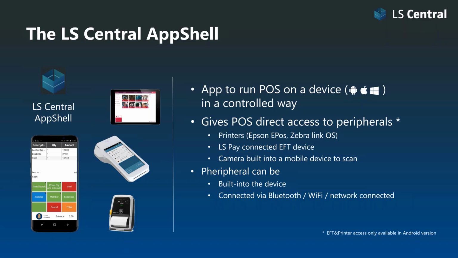And on this slide, we can see the white one, the PAX A920, and that is a very good example of such a device that has a slot to insert the card for payment purposes and also a printer. And devices like these can be ideal in some scenarios. And with the Android version of the LS Central AppShell, the web POS run in a browser can access this and use directly.